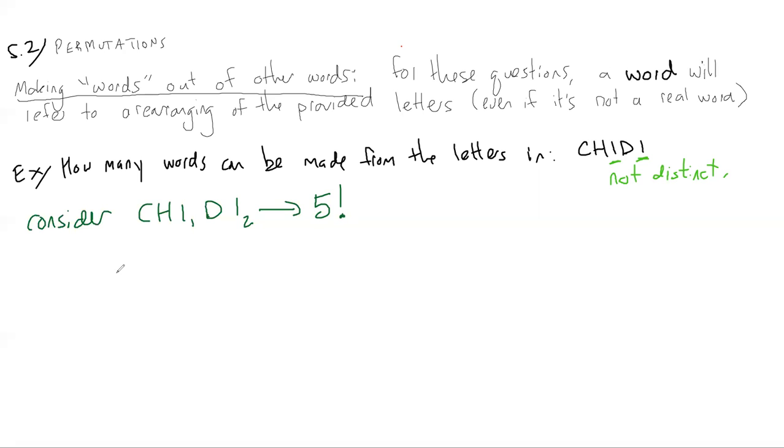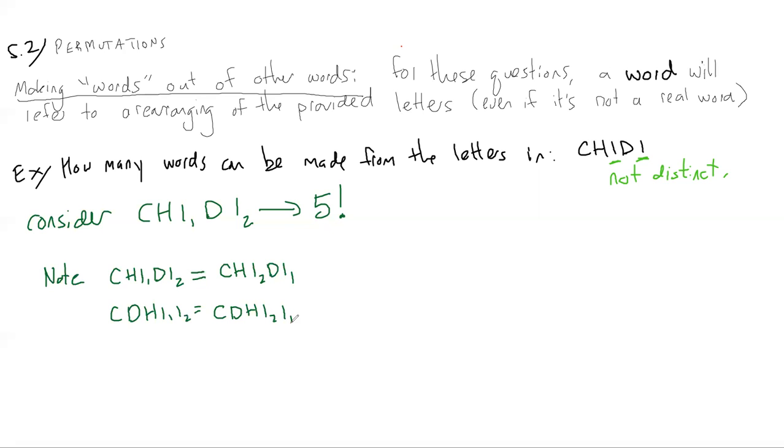But if we look at a few of the pairs that might show up in this, for example, if I have this arrangement here, this original one, it's actually the exact same arrangement as this one. They're the same thing. If I write them in alphabetical order, so C, D, H, I1, I2, it's the same thing as C, D, H, I2, I1.